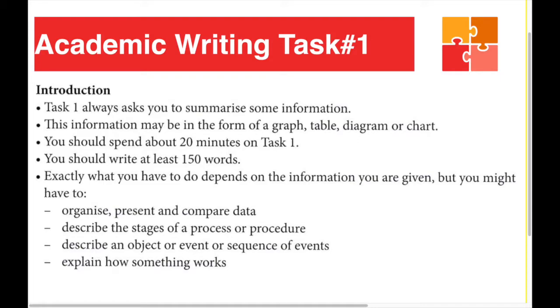That means while describing an entire process, you have to go through the phases, steps or stages, describe it accurately as it is provided in the data visual, and explain how something works. It's the same as the process diagram and so on. These are the things that you do in writing task one.